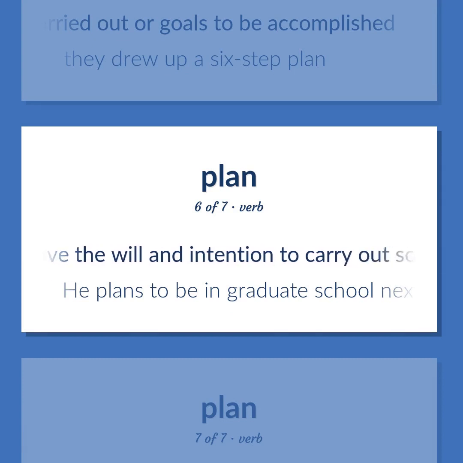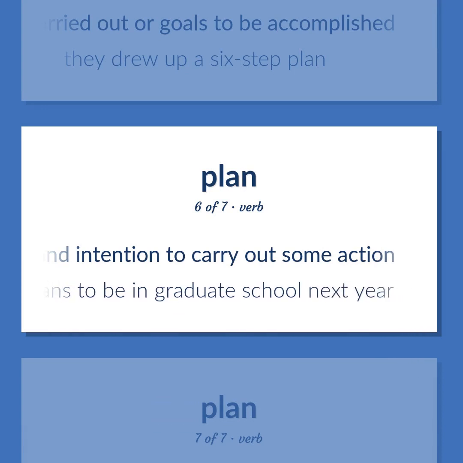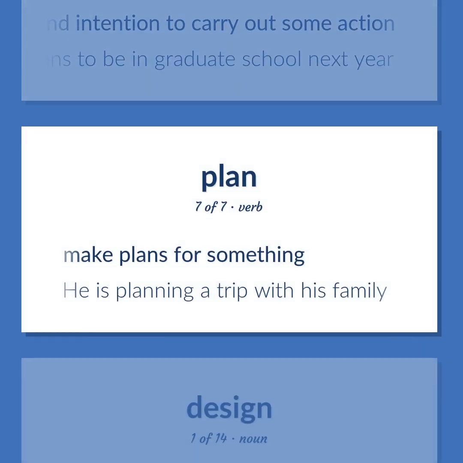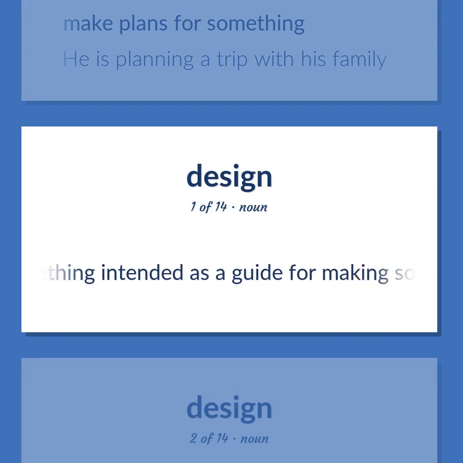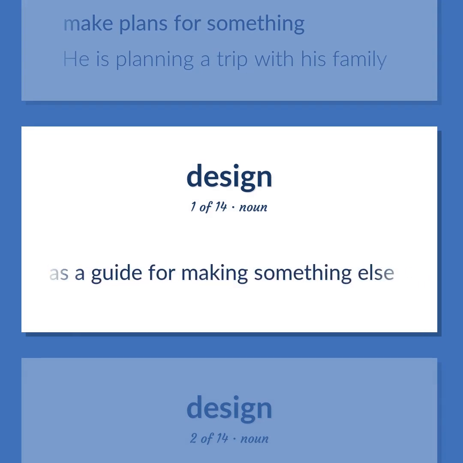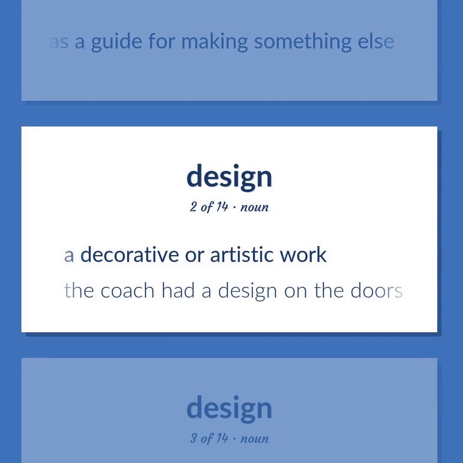Have the will and intention to carry out some action. He plans to be in graduate school next year. Make plans for something. He is planning a trip with his family. Something intended as a guide for making something else. A decorative or artistic work.